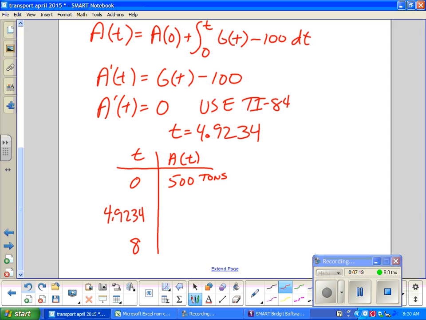This is in tons. All right, so it's pretty easy to see the maximum amount of gravel processed.